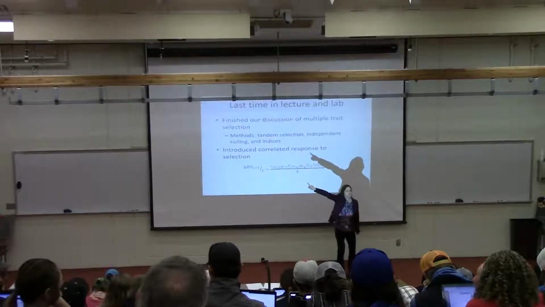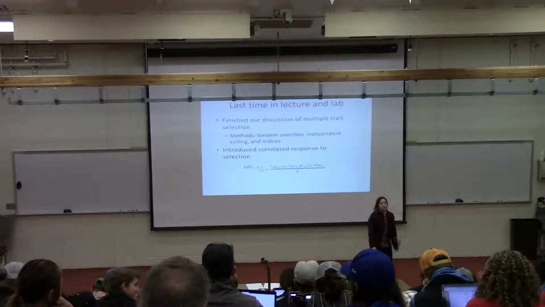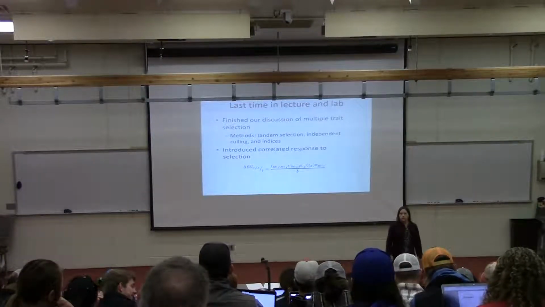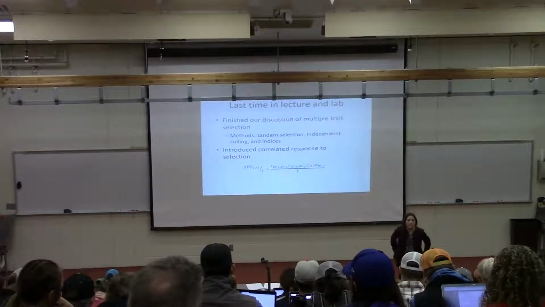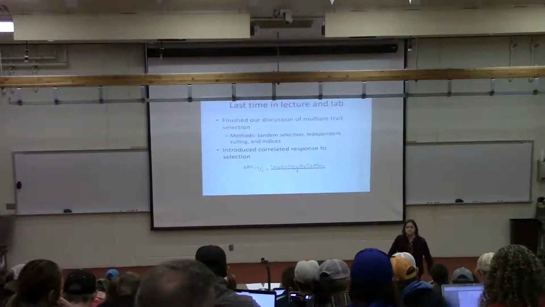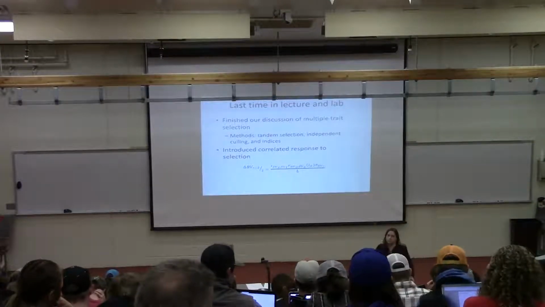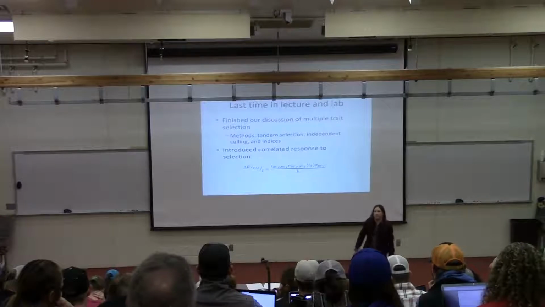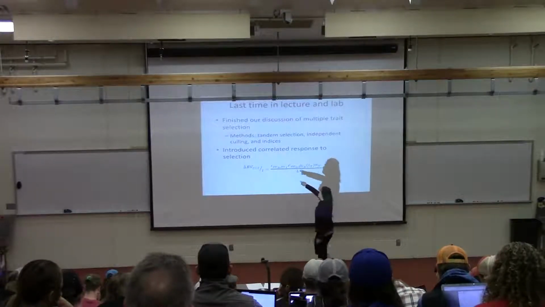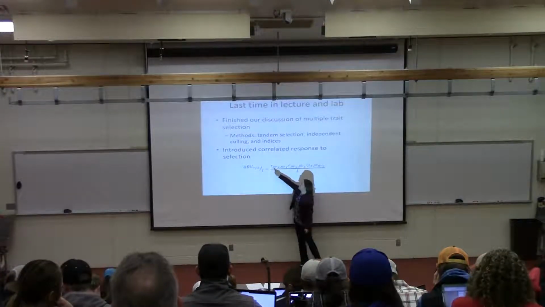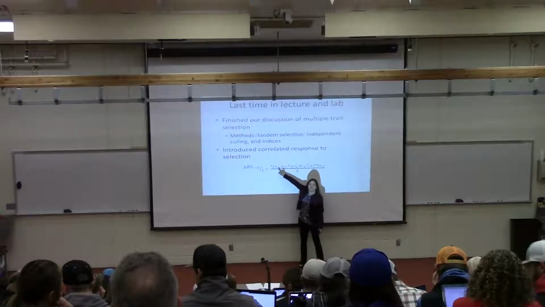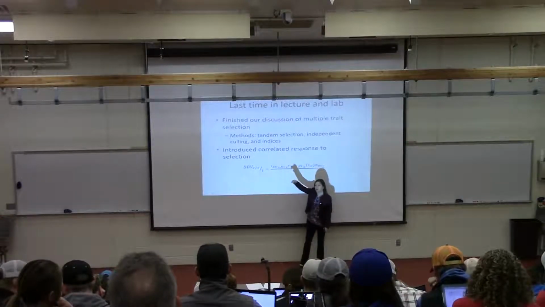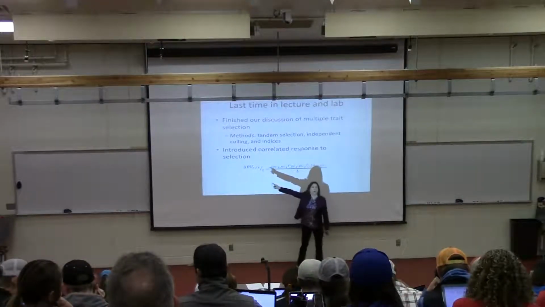What's that? It's our R. Come on, guys. What is our little R? We have a BVX, BVY, two different things. Correlation things. So R, correlation.